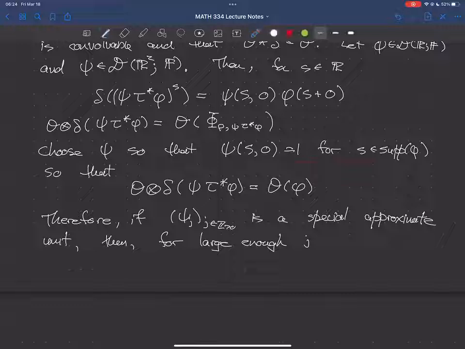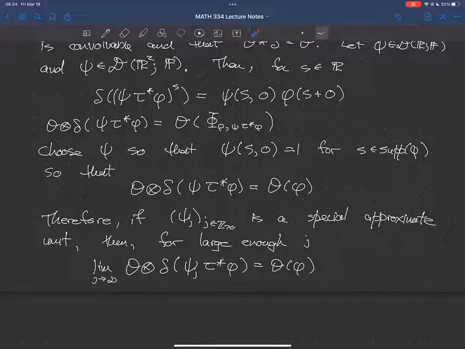And so then you're going to have that theta tensor delta of psi j tau star phi is equal to theta of phi, for every large enough j, and so therefore certainly the limit as j goes to infinity will be that.